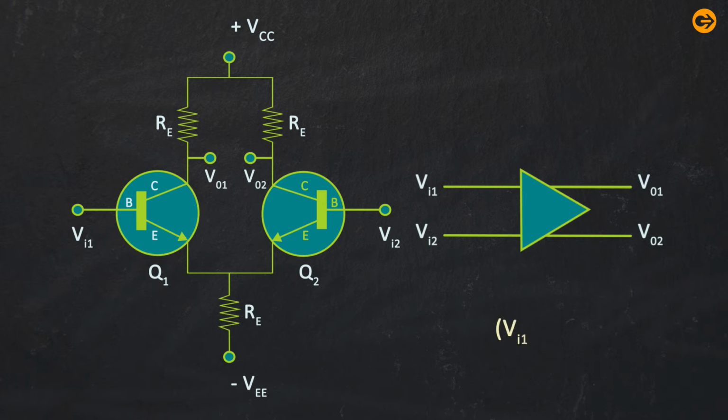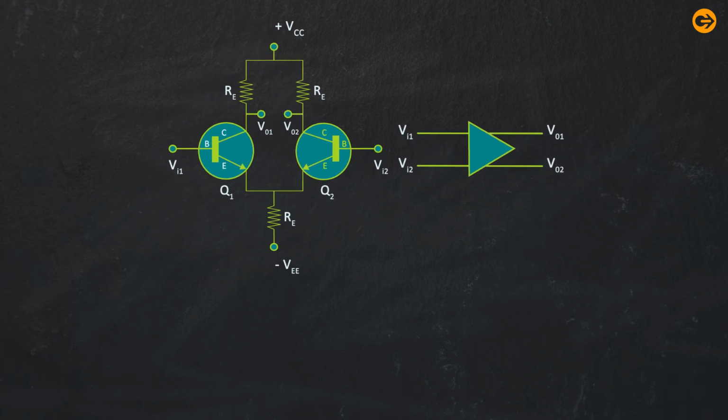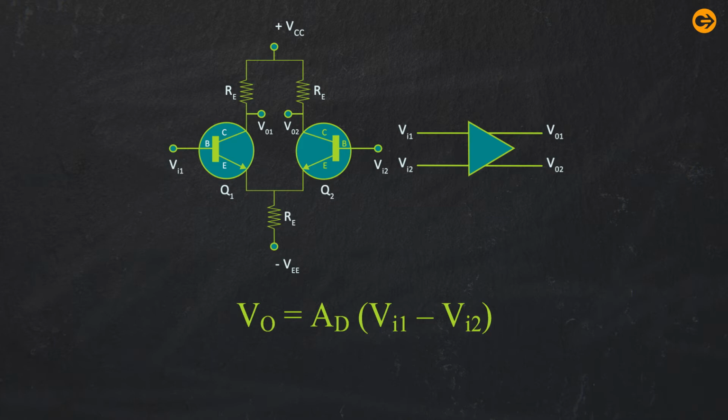When Vi1 is greater than Vi2, the output terminal VO1 is positive and VO2 becomes negative. Now when Vi2 is greater than Vi1, the output terminal VO2 is positive while VO1 becomes negative. The output VO is given by VO equals AD multiplied by (Vi1 minus Vi2), where AD is the differential gain.